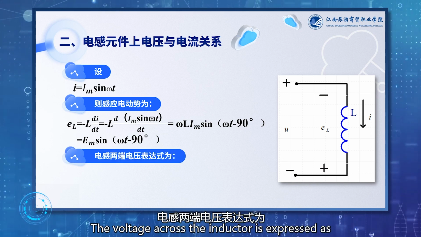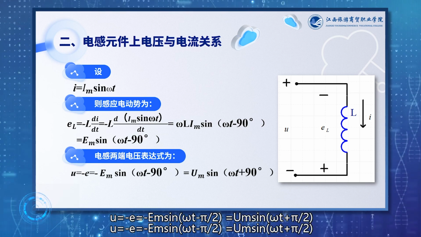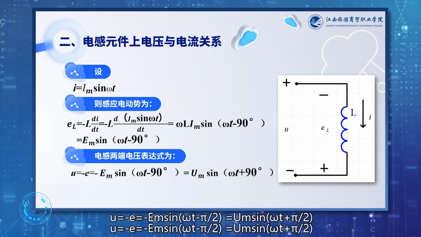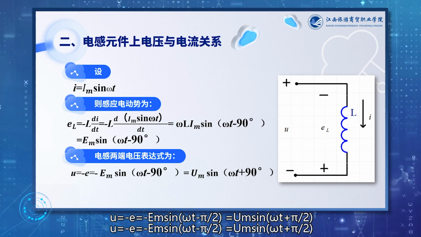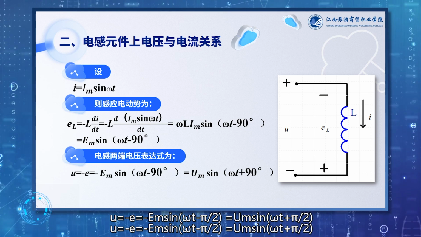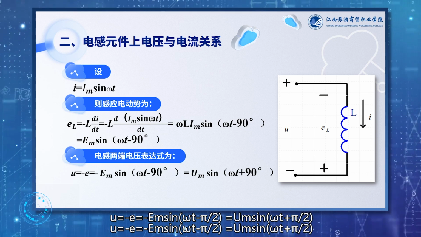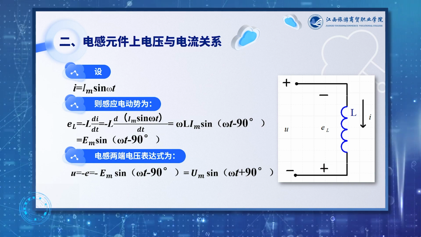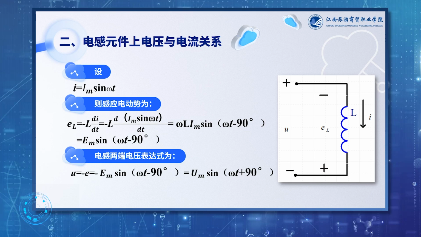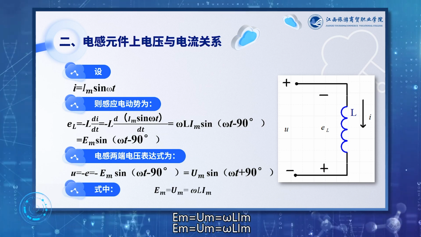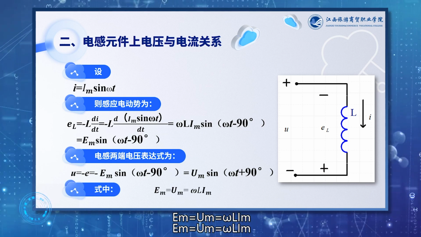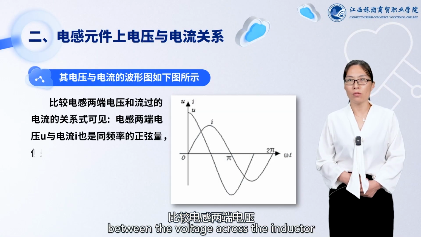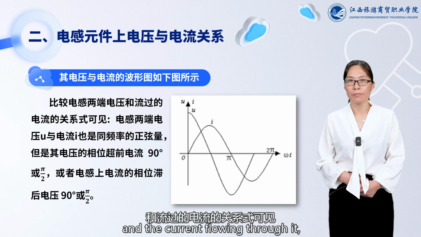The voltage across the inductor is u equals minus e, equals Um sine of omega t plus pi over 2, where Um equals omega L Im. Comparing the relationship between the voltage across the inductor and the current flowing through it.